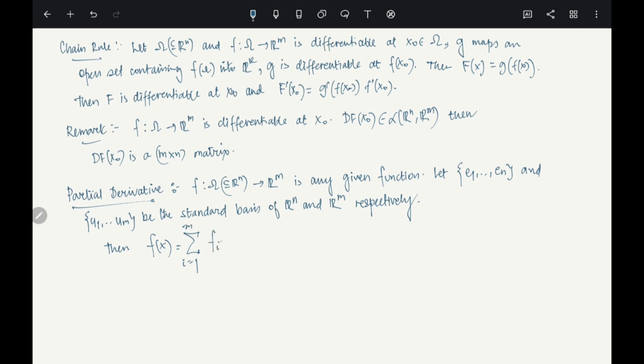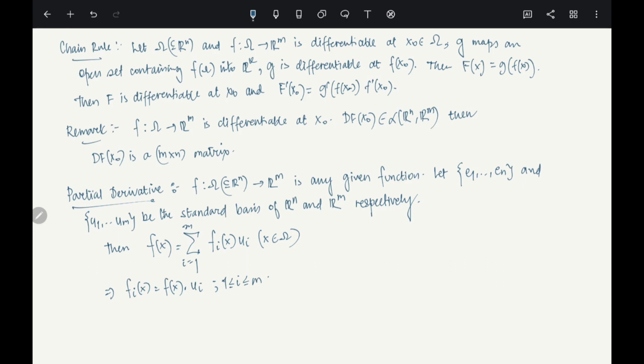So f of x is a linear combination of u1, u2, up to um, and those coefficients, which of course depend on x, I am writing as f_i of x. Therefore f_i of x is nothing but f of x dot product with u_i. That is how you calculate f_i of x, and this holds for all i between 1 and m.